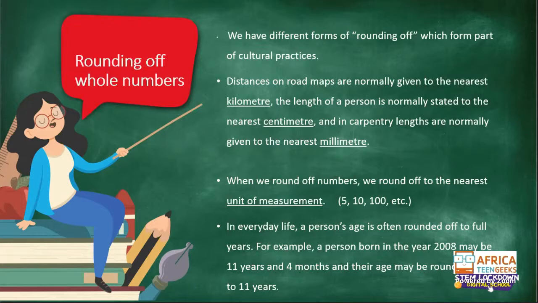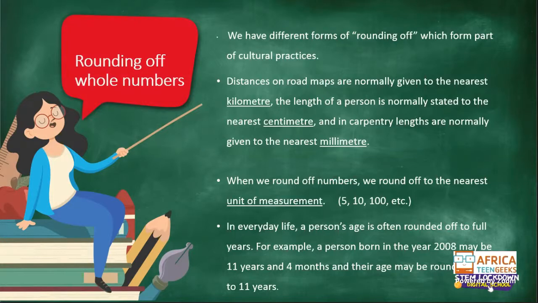Also, looking at age, it is normally rounded off to the full years, right? For example, a person who was born in the year 2008 may be 11 years and 4 months, and their age may be rounded off to 11 years.